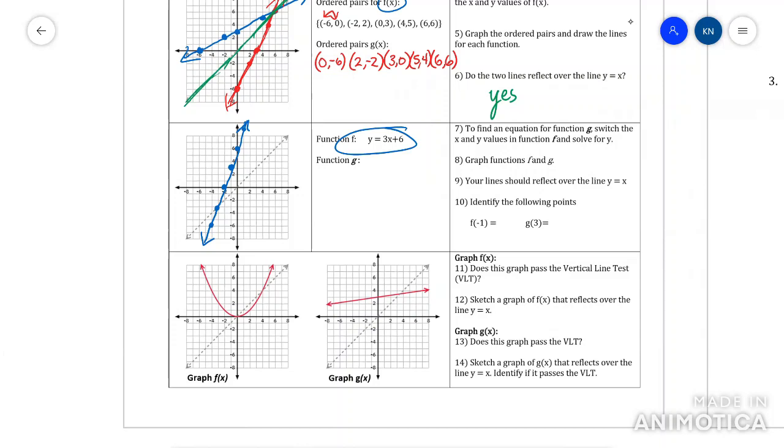So function f is blue there. Now they want function g by getting the inverse of this. And to get the inverse of this, first you take this equation and you switch xy. So it looks like that. All I did was switch these letters. Now you have to solve for y equals. So you're going to minus 6.